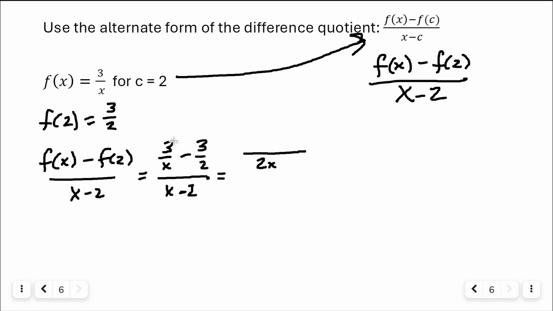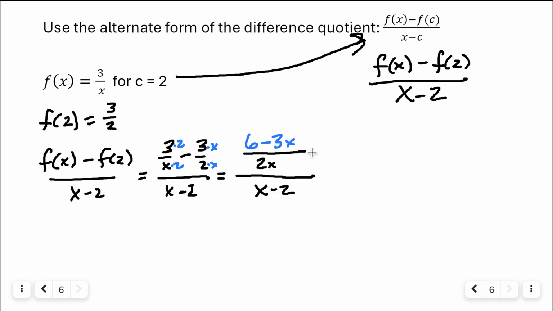So the first term, it already has an x. It needs a 2 to make the common denominator. And the second term needs the x to make the common denominator. Okay, so that's going to give me 3 times 2. That's 6 minus 3 times x, 3x, over 2x. And that whole thing is all over x minus 2. That's good.